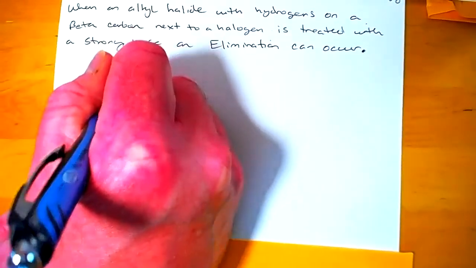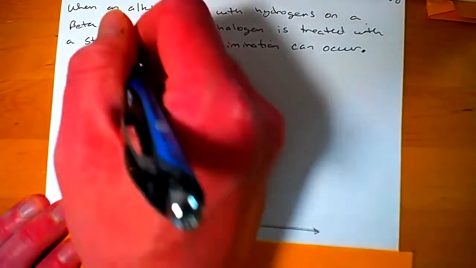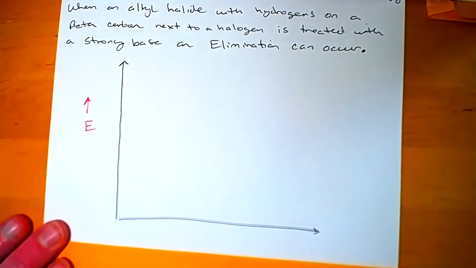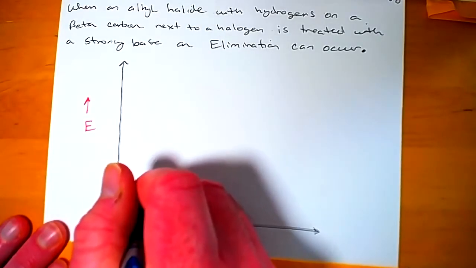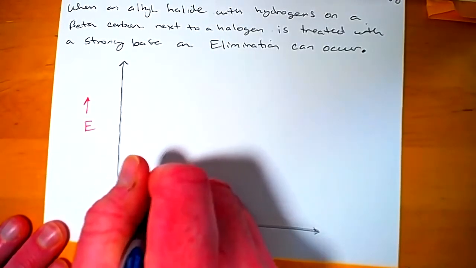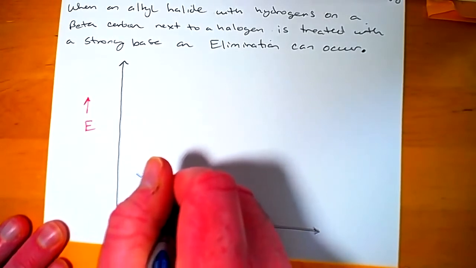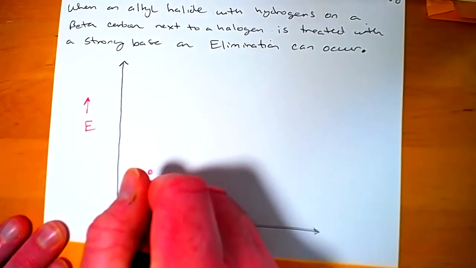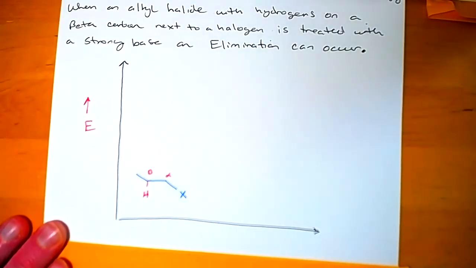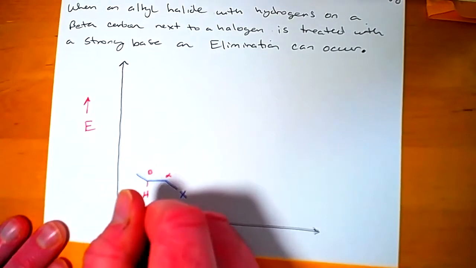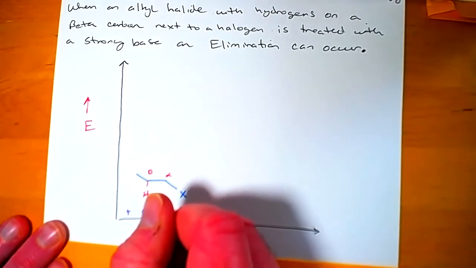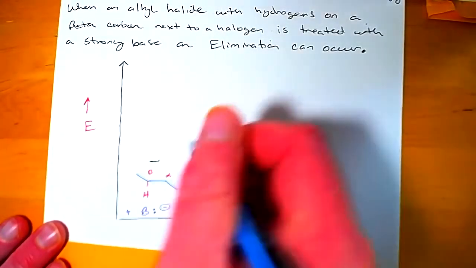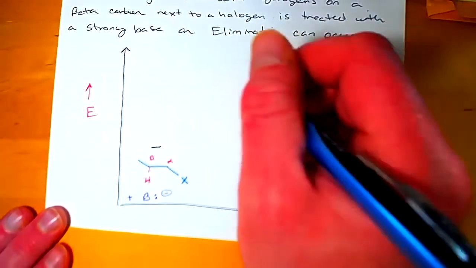So the way I'm going to explain this is that if we look at a reaction profile of what's going on, we originally have our compound, where we have alpha and beta, and we have these beta hydrogens right here, and we're treating this with base B. This is going to go uphill in energy.